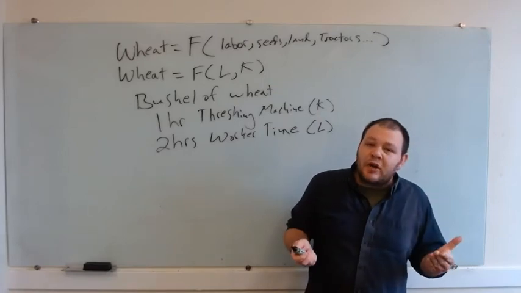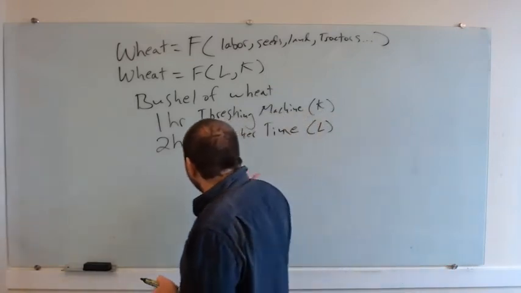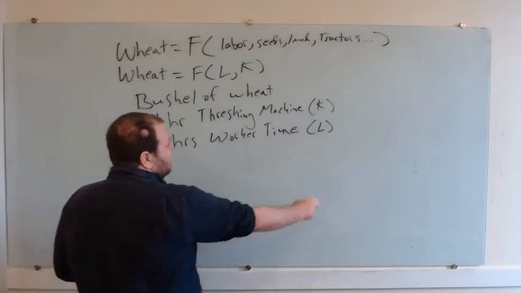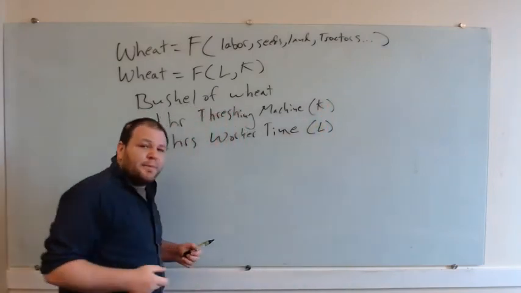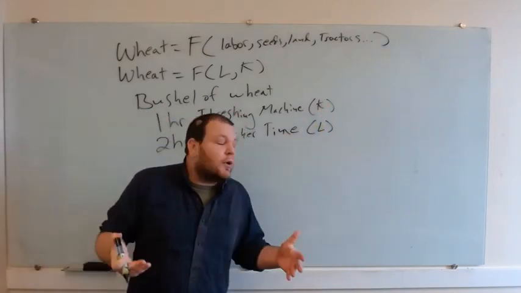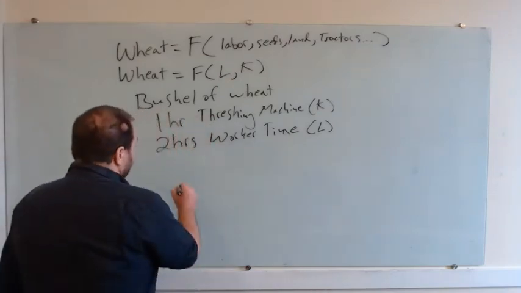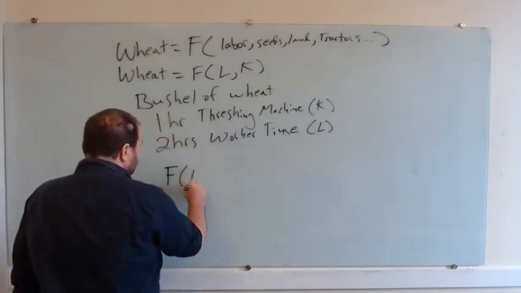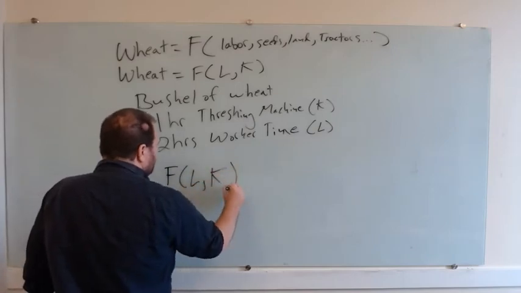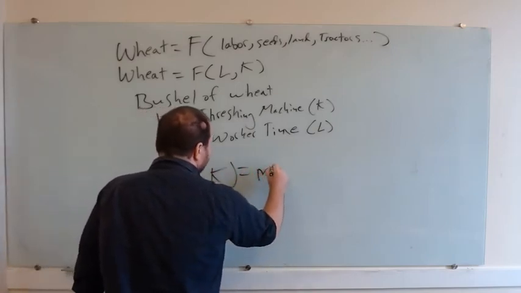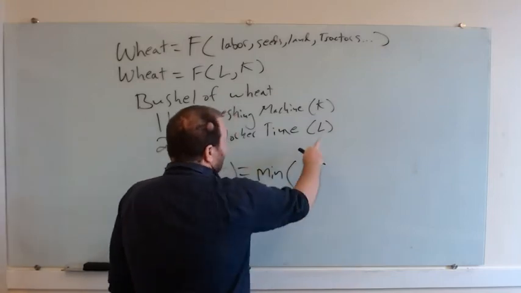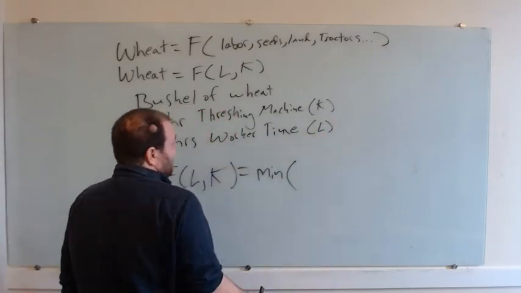So if they're perfect complements, what we essentially need to know is, if we have K units of capital and L units of labor, how many bushels' worth of labor do we have, and how many bushels' worth of capital do we have? So F of L, K would equal the minimum of bushels' worth of labor and bushels' worth of capital.